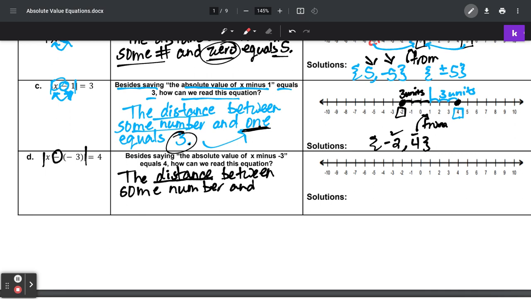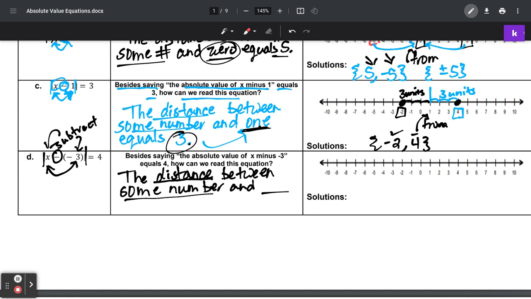So if you subtract what two numbers? Some number and what else? Okay, so you just kind of look at it like this. If you subtract some number, which is an x, and what? Well, the other number, x and not 3, but -3.